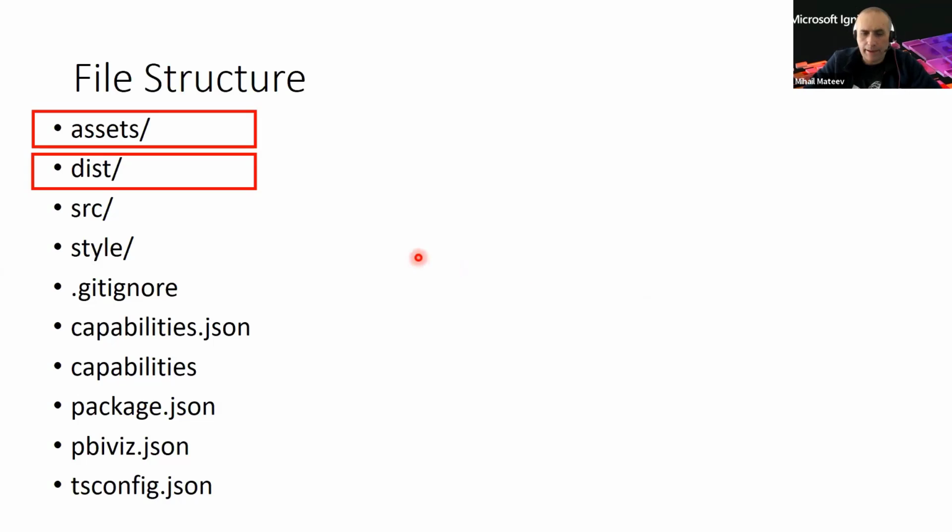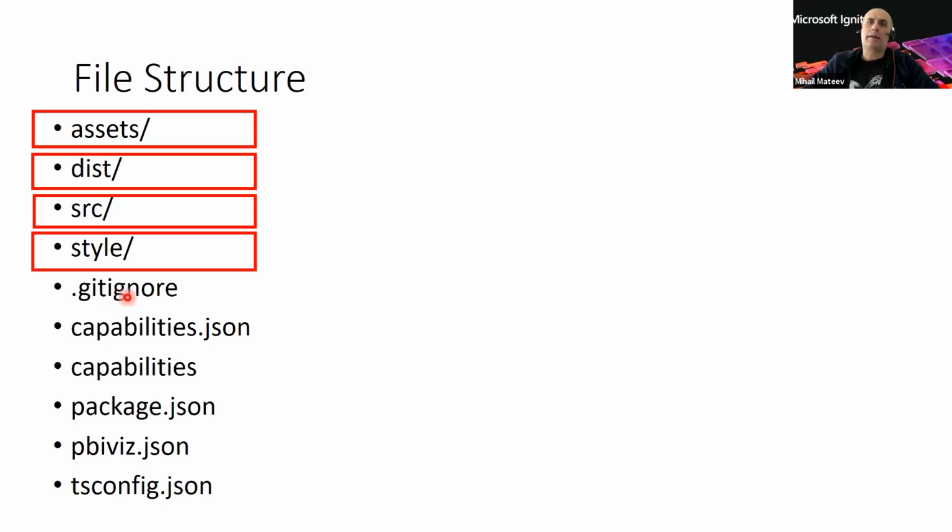Additionally, you have the source folder where is your TypeScript code, which is quite important. Styles are in style. We have some details which are for Git publishing, and we have also capabilities JSON.